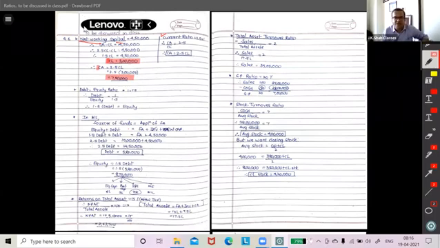Then see, debt equity ratio is given, 1 is to. Whichever device you logged in, people, you can zoom it, right?